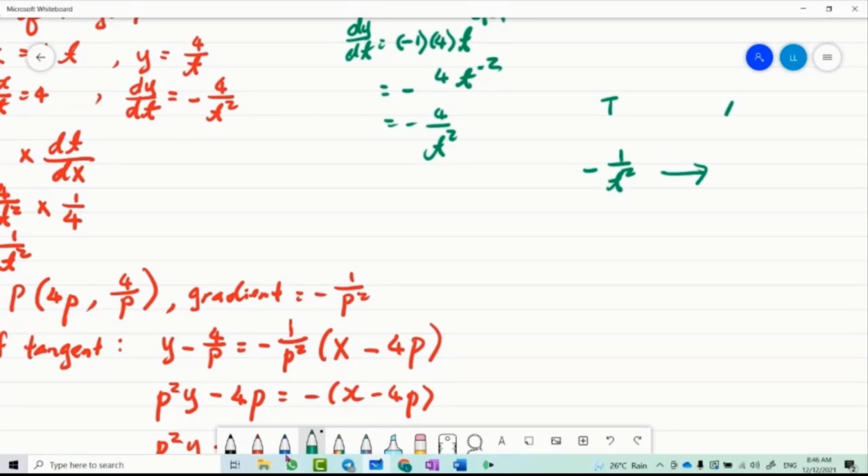Nak tukar kepada gradient of normal. Okay, so you tukar 2, 1 tukar positif negatif. Okay, kalau negatif you tukar pada positif. Kalau positif tukar pada negatif. Since this one is negative, now this one is positive. The other thing is you terbalikkan yang belakang ini. So means normal adalah ini.